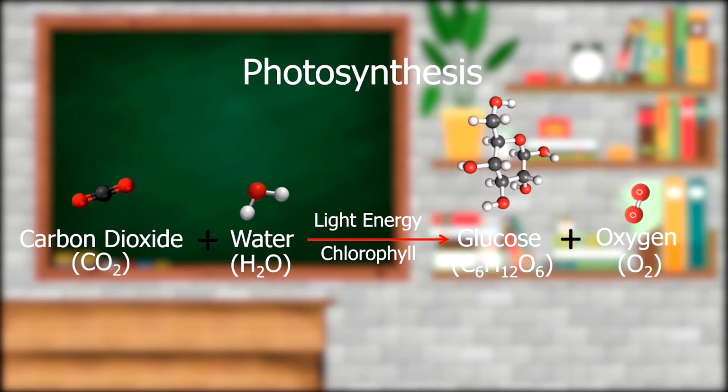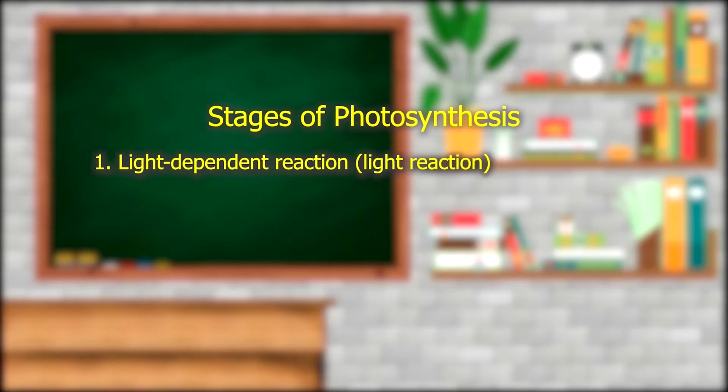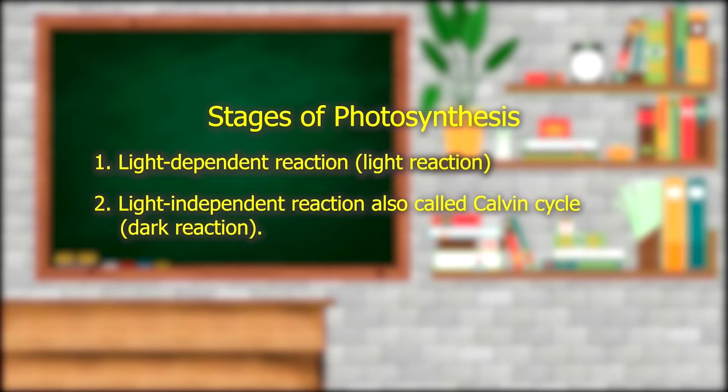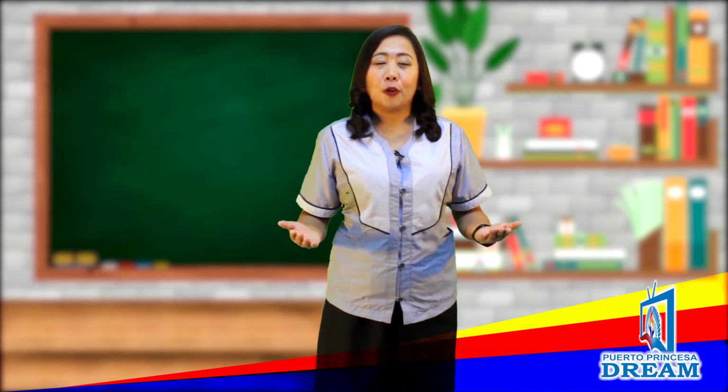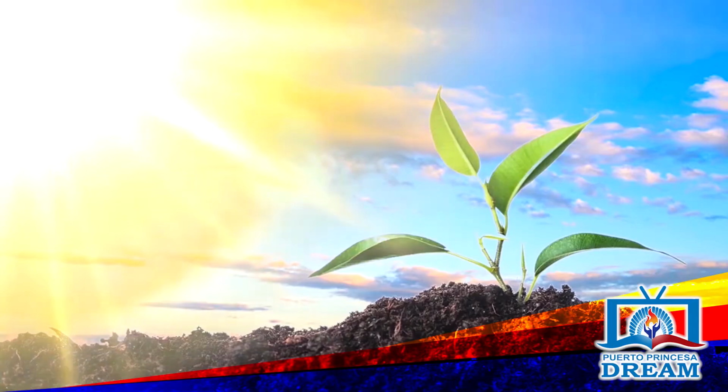Generally, the process of photosynthesis occurs in two stages: the light-dependent reaction, or the light reaction, and light-independent reaction, also called Calvin cycle or dark reaction. Let us deepen your understanding on the two stages of photosynthesis.